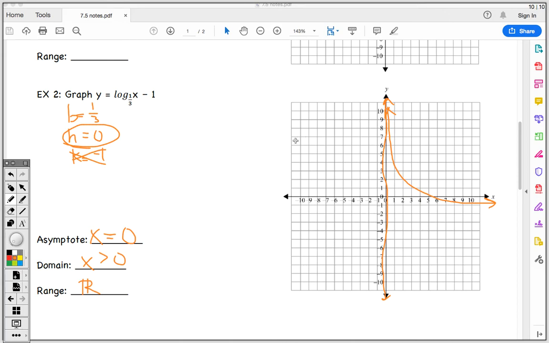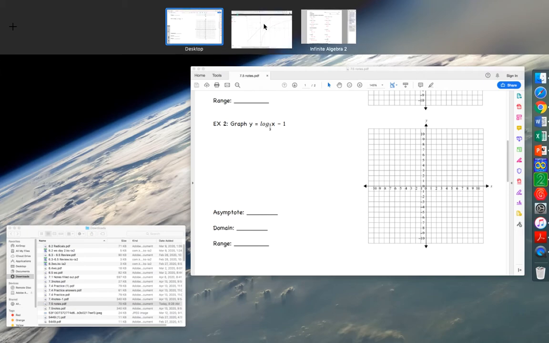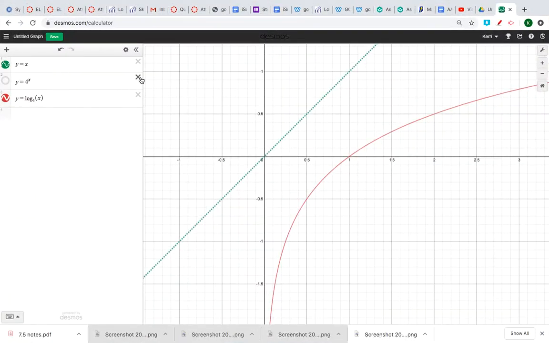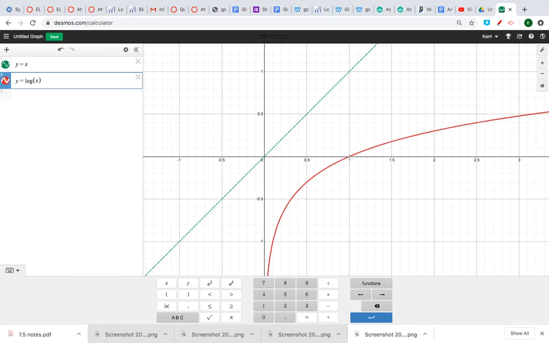And let's check using Desmos Graphing Calculator to see if we're right. So we can get rid of this one, and it's the log of, where's our fraction? Oops. Start over that one again.